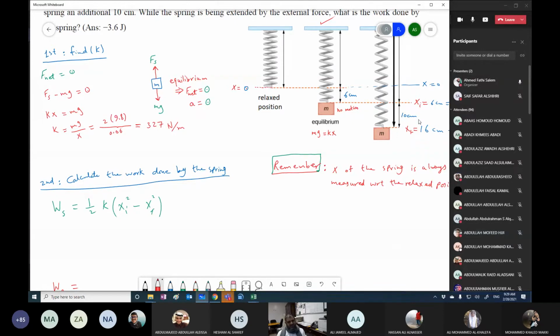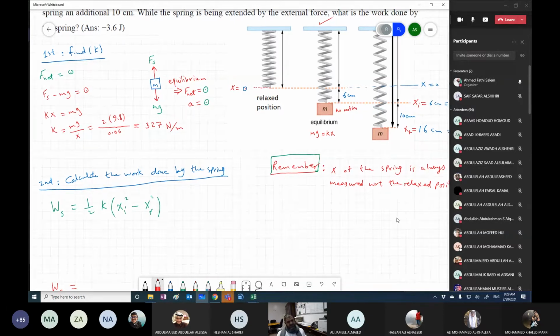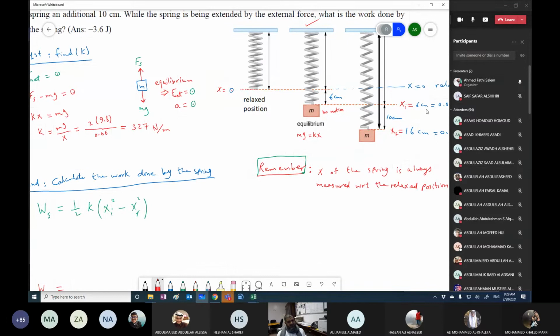What is X initial in this case? X initial is 6 centimeter لأنه احنا شدينا لما كان السبرينج is stretched by 6 centimeter from the relaxed position. Okay, so X initial is 6 centimeter and we extend it more by 10 centimeter. So how much is X final? Is it 10?